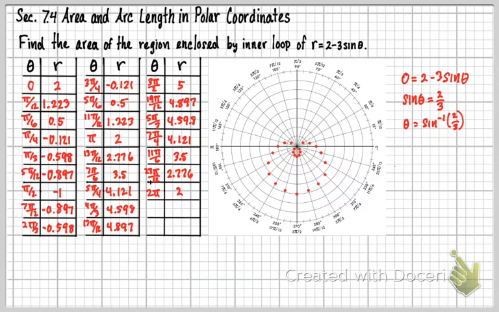And I'll kind of show you how that works. Notice here, I went from 0.5 to negative 0.121.